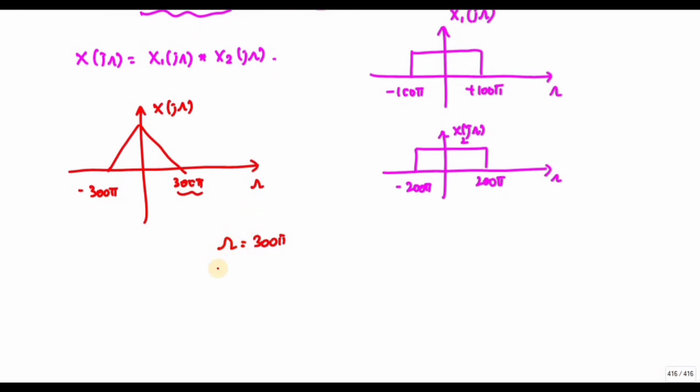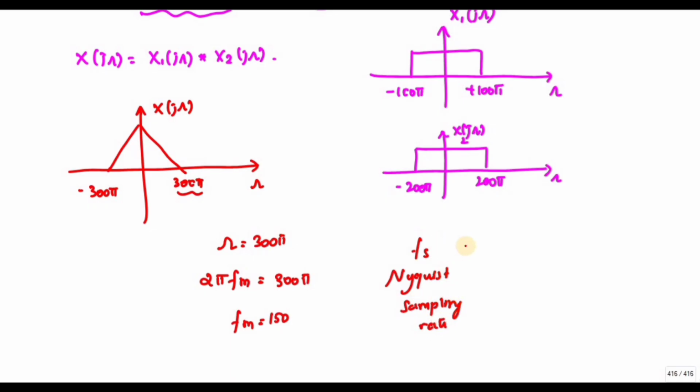So I can write omega as 2 pi of fm, that is nothing but 300 pi. So my fm is nothing but 150. So what is my Nyquist sampling rate? Nyquist sampling rate is 2 times fm, that is nothing but 300 hertz.